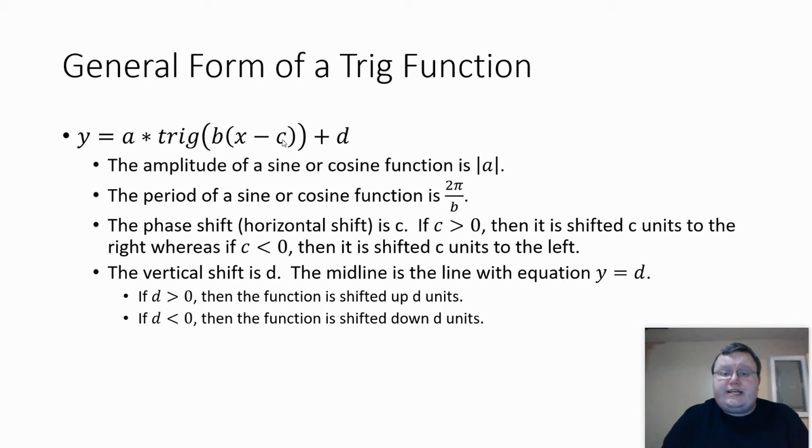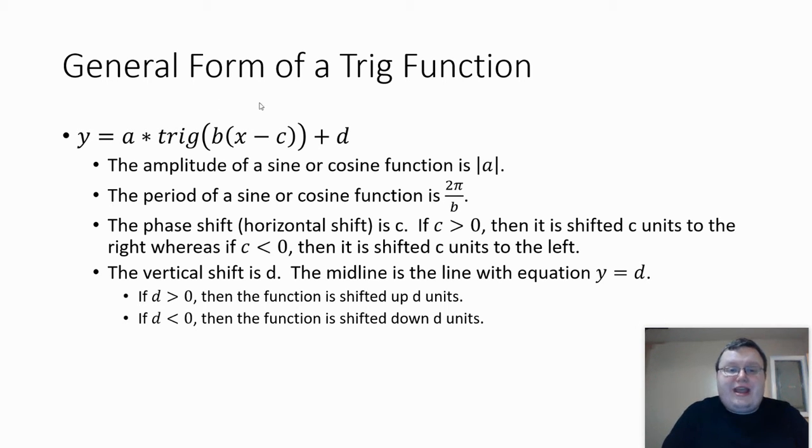Now, if c was negative, if c is less than 0, let's say c was a negative 3. Then in this equation, if you follow my cursor, it would be x minus a negative 3. Minus a negative 3 is the same thing as what? Adding 3, right?